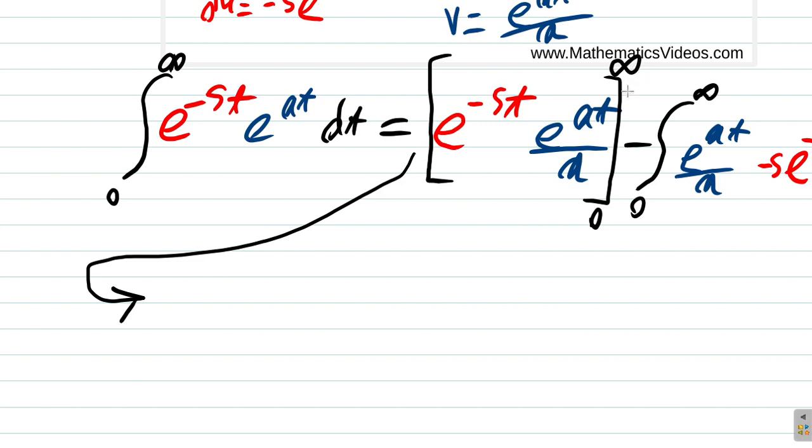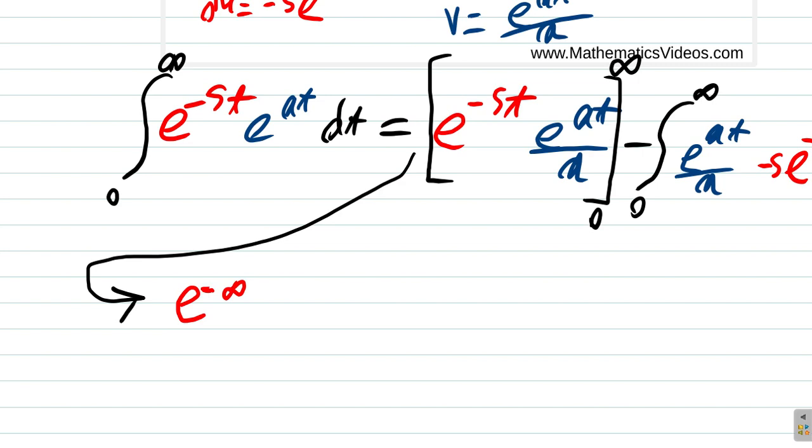We have two boundaries. The infinity is the upper boundary and the 0 is the lower boundary. Now the upper boundary: e to the negative s times infinity, but s times infinity is infinity, so it's e to the negative infinity.